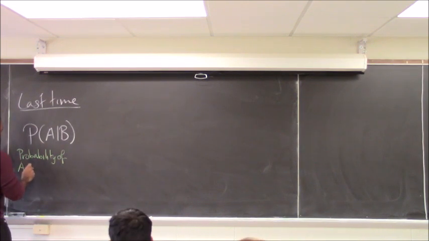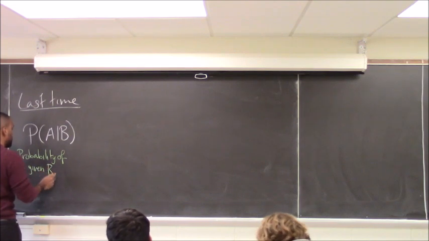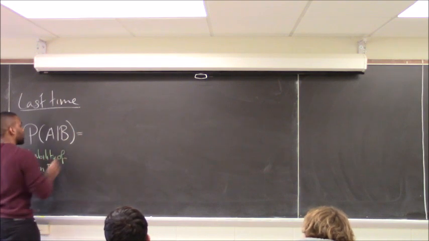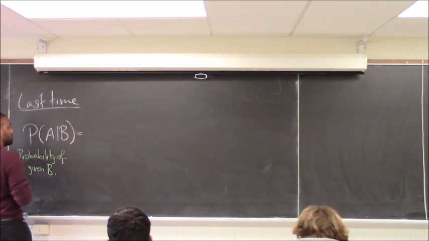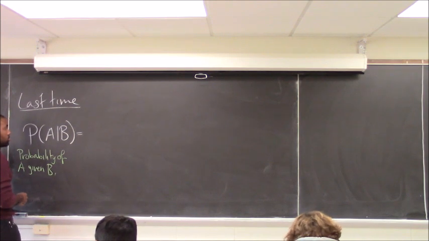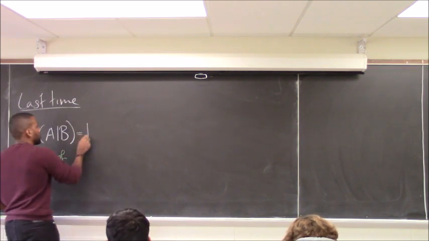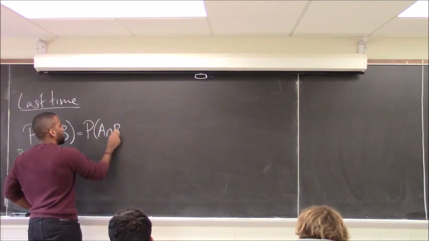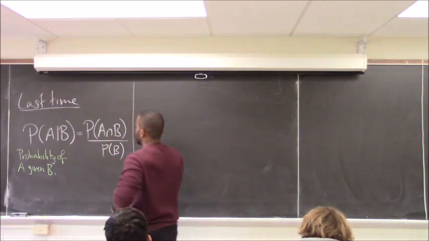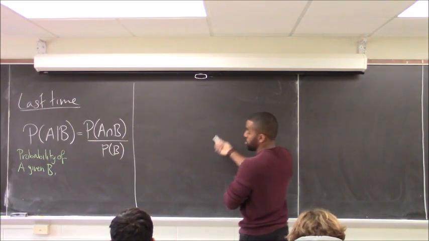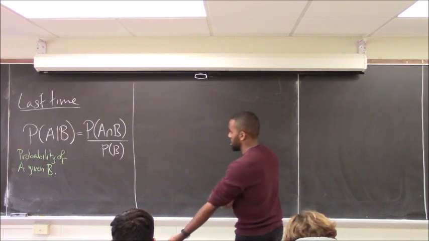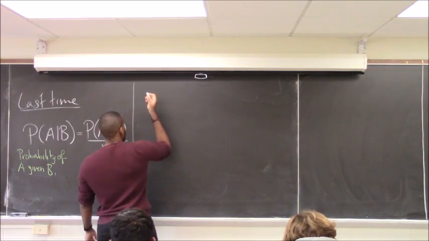So the definition for that was... right. This was called a conditional probability. What is the probability that something will happen given that some condition has already happened? And we kind of figured out that that was the formula.